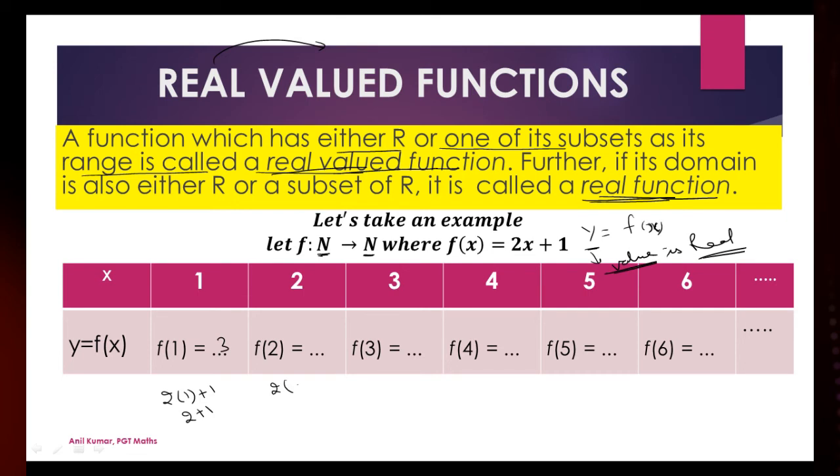Similarly, if I put 2, then it will become 4 plus 1, that is 5. If I put 3, 7, then 9, 11, 13, and so on. So you can check that all the values are real numbers. Domain is also a subset of real numbers. So it's a real function. Hope you got this: what is a real function and a real valued function?